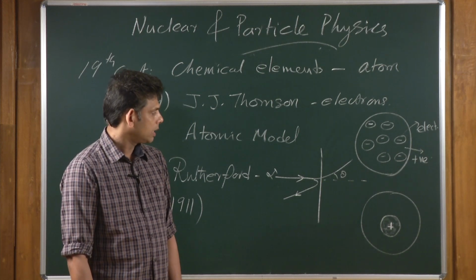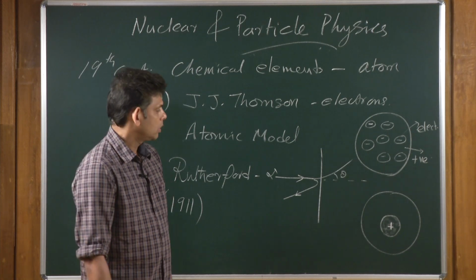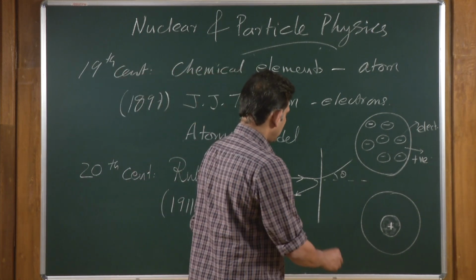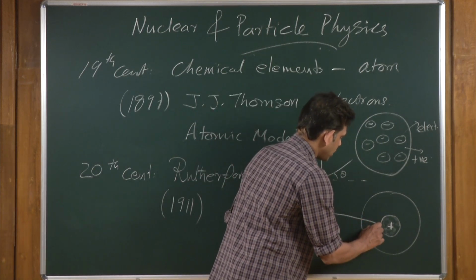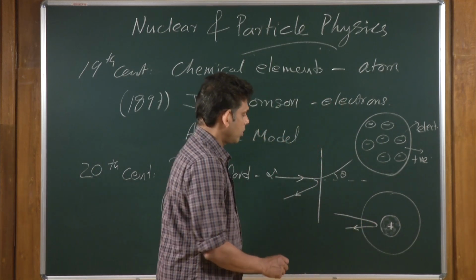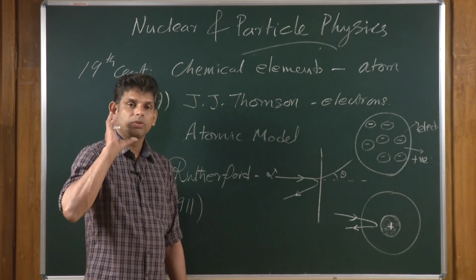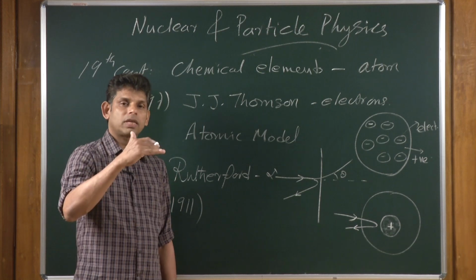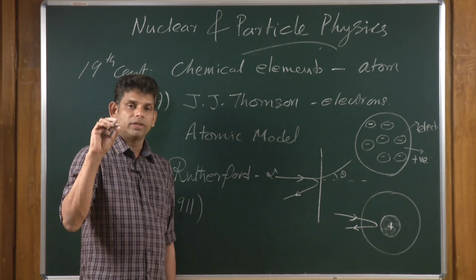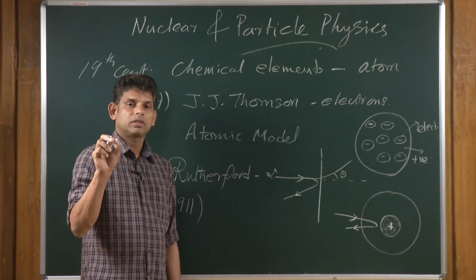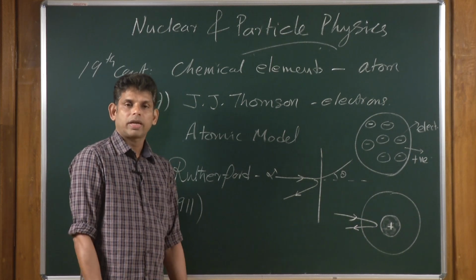But at least his experiments, the alpha particle scattering experiment, could be explained in a way that whenever you send alpha particles close to this core, the fraction of these alpha particles in the beam which go near the nucleus will return. They will not be able to go at small angles, scattered at small angles.